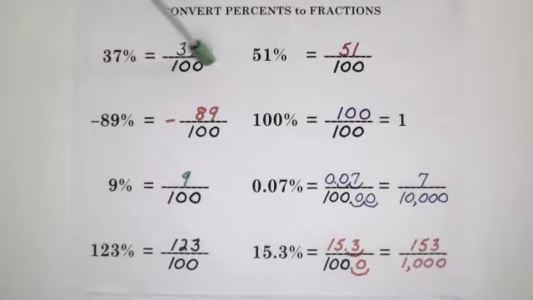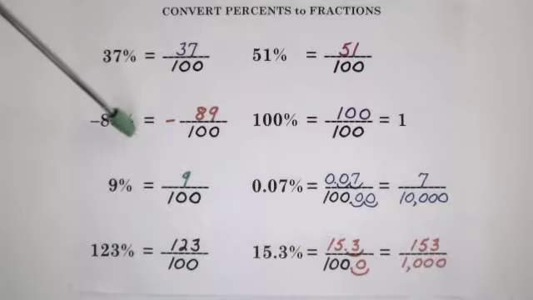the denominator as 100. Let's look at the second example, 51%. We write whatever is in front of the percentage sign as our numerator, and we represent the percentage sign as our denominator by writing 100. Let's look at the next example, negative 89%.